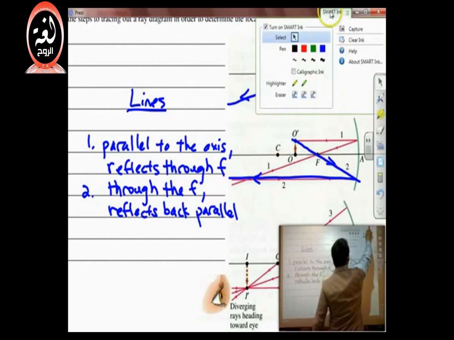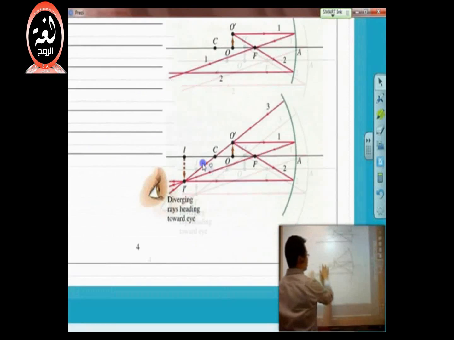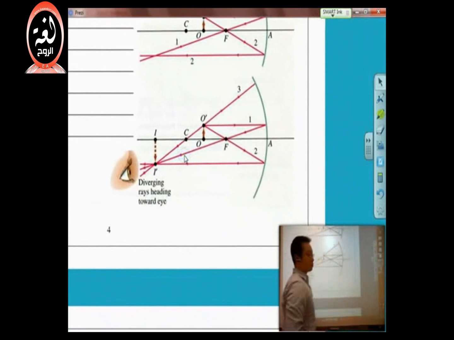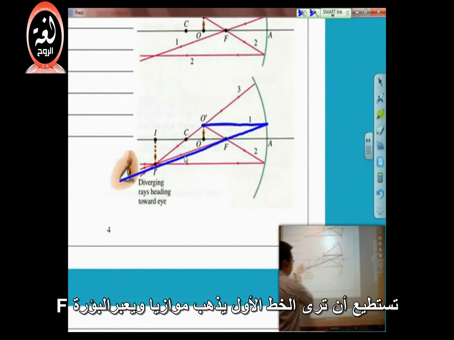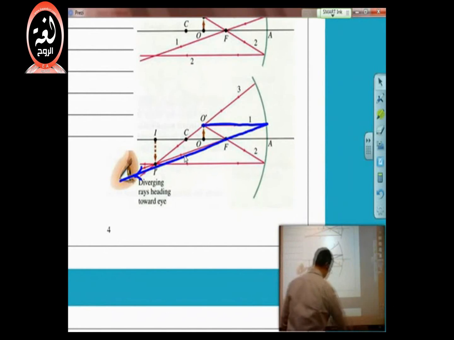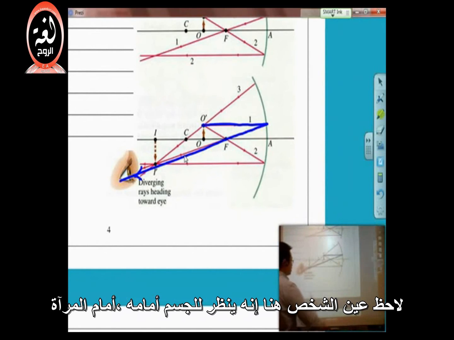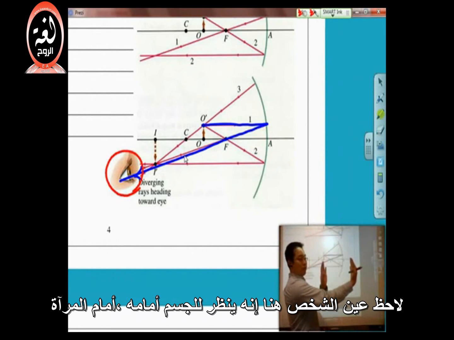So if you take a look at this final image over here, okay, you can see that when you have the first line go parallel then through F, notice where the person's eye is over here. He's looking at the object, which is held in front of him, in front of the mirror.